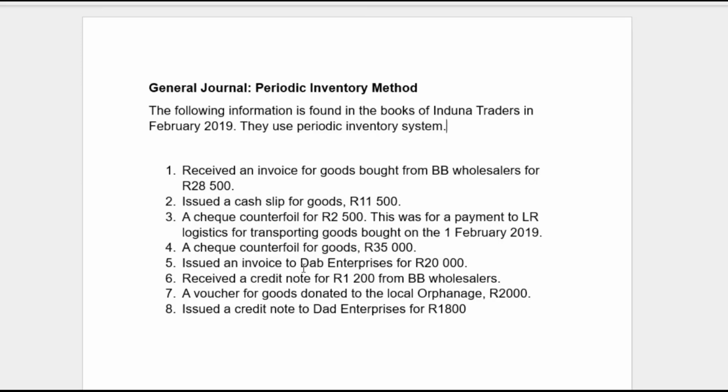This means you have sold inventory on credit, and whenever you sell on credit, the two accounts affected are going to be debtors control and sales, right? Debtors control and sales.